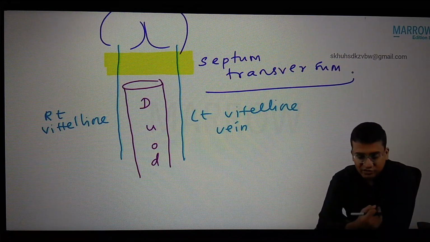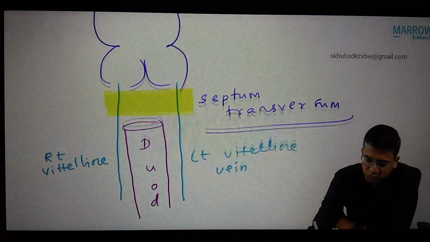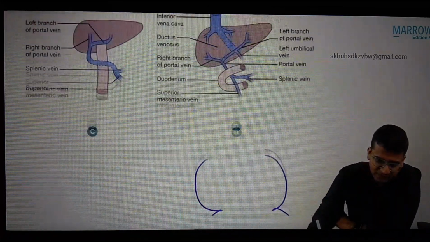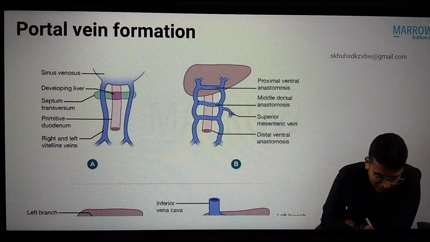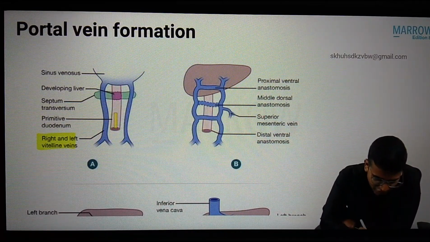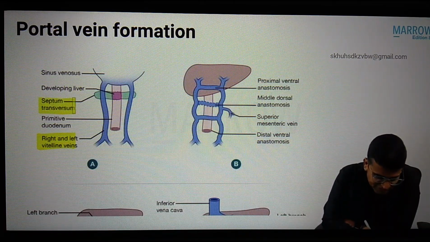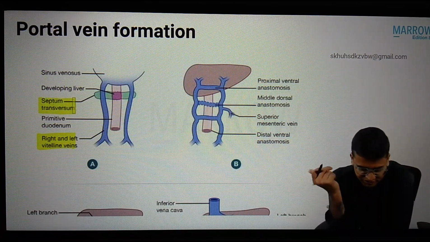Now we have 3 anastomoses between the vitelline veins, 2 ventral and 1 dorsal. See the diagram. Now this is our right and left vitelline vein. They are formed on either side of duodenum, and they pass through septum transversum, and then they open into sinus venosus.